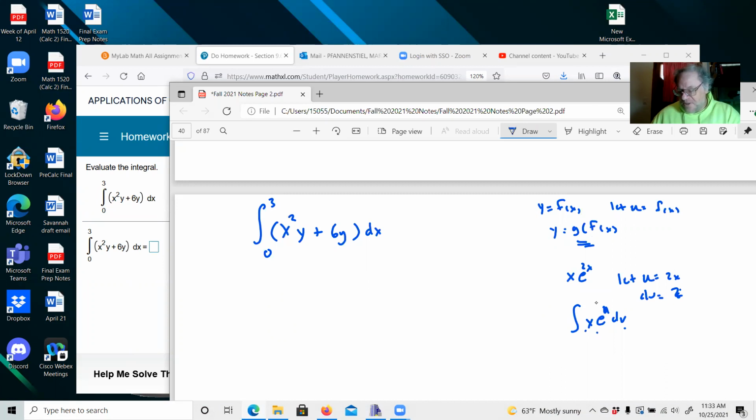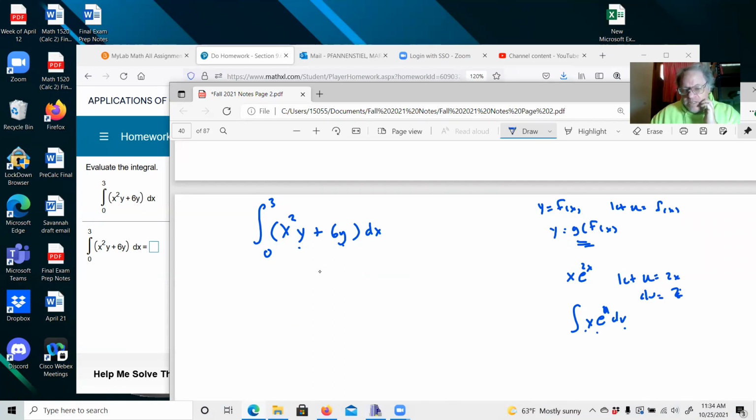You can't just go off and do this. Whereas here we have two independent variables, an x and a y, and now it's different. Very much like with partial differentiation, we hold y constant while we integrate with respect to x.